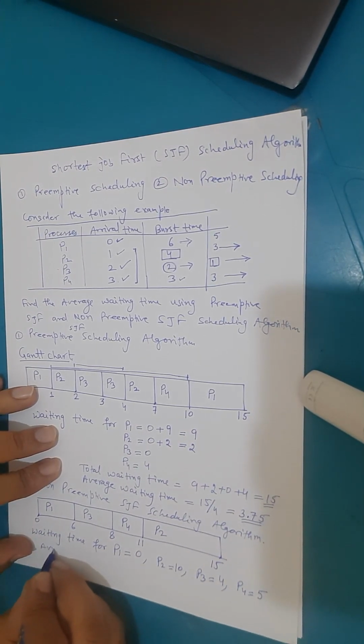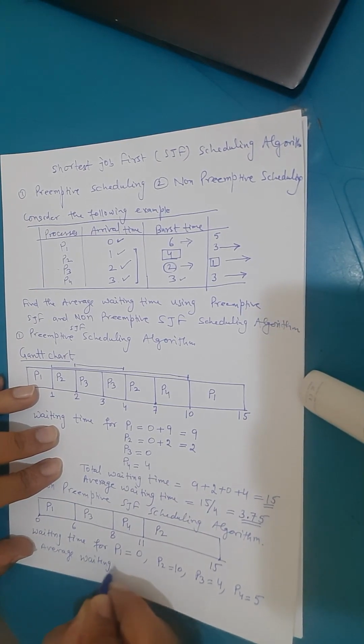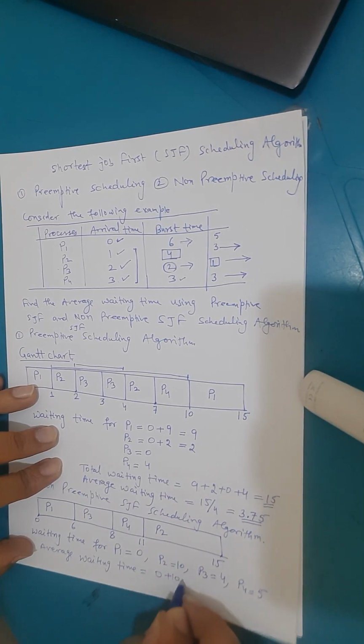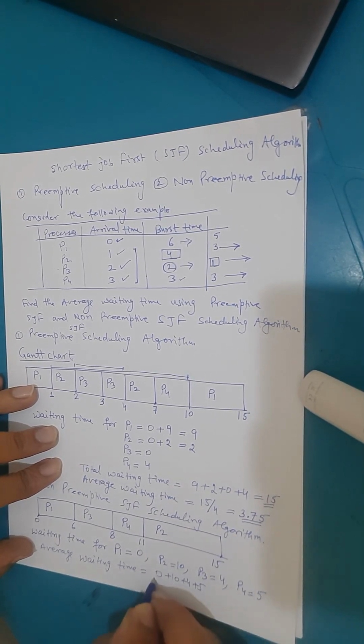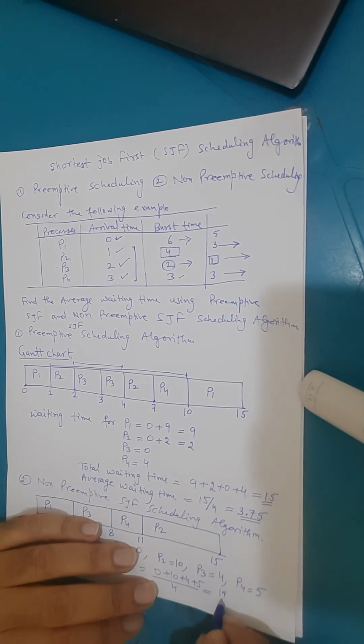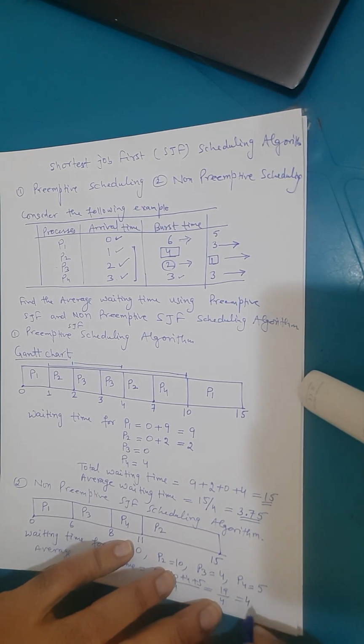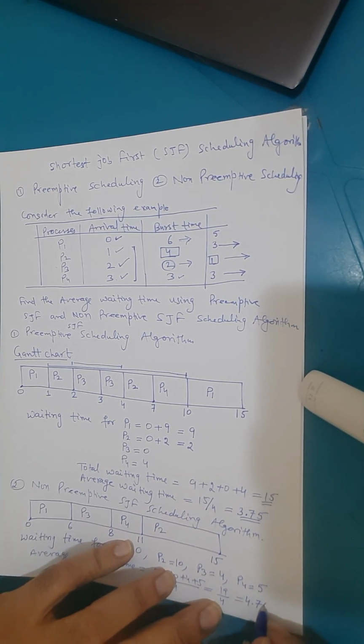Now average waiting time is equal to 0 plus 10 plus 4 plus 5 divided by 4. So total is 19 divided by 4, which is 4.75, right?